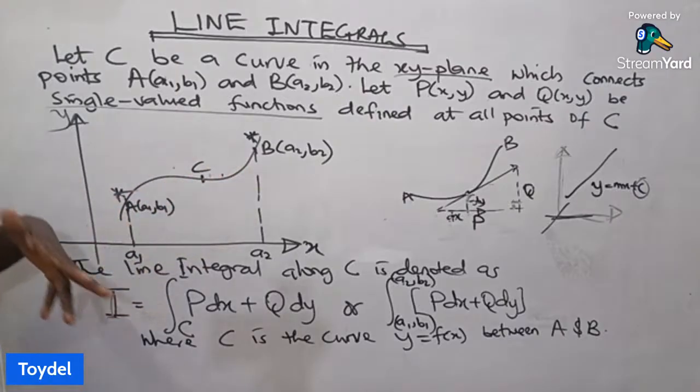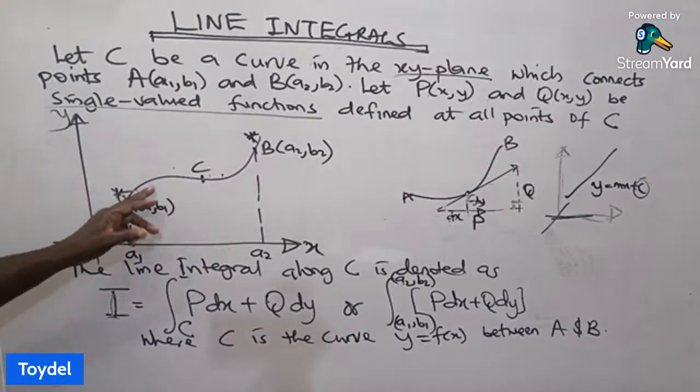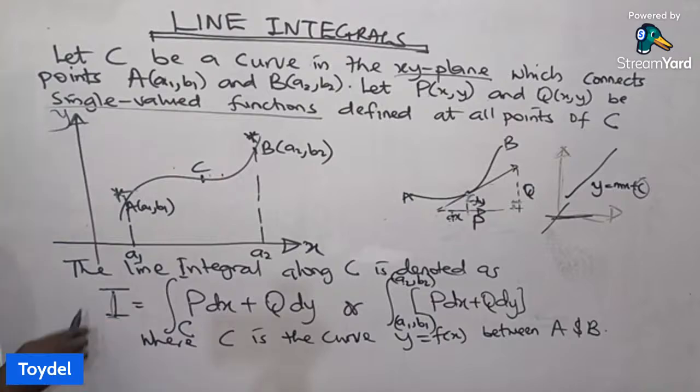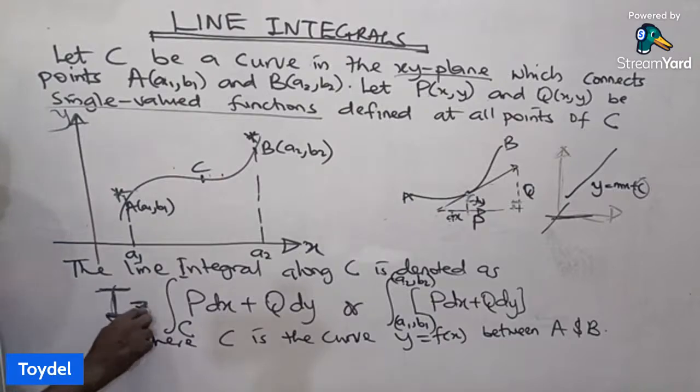So how do we find the line integral of this type of problem? By formula, it's given as the integral of P, which is the change along the x-axis, and Q, which is the change in the value of y, but they are single valued functions.